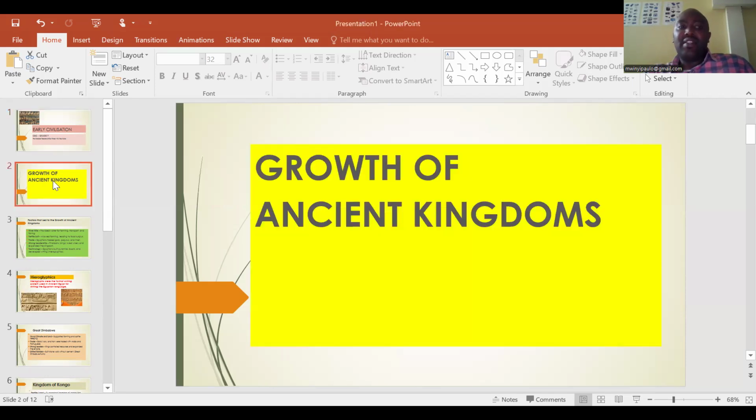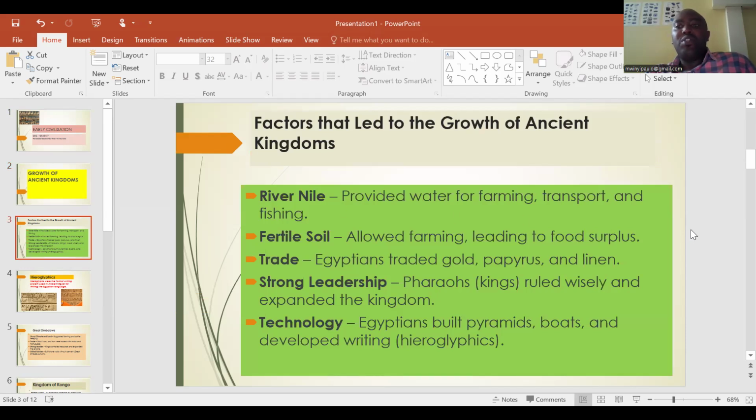In grade 7, we shall learn about the growth of ancient kingdoms. As we start, we shall look at the factors that led to the growth of ancient kingdoms.